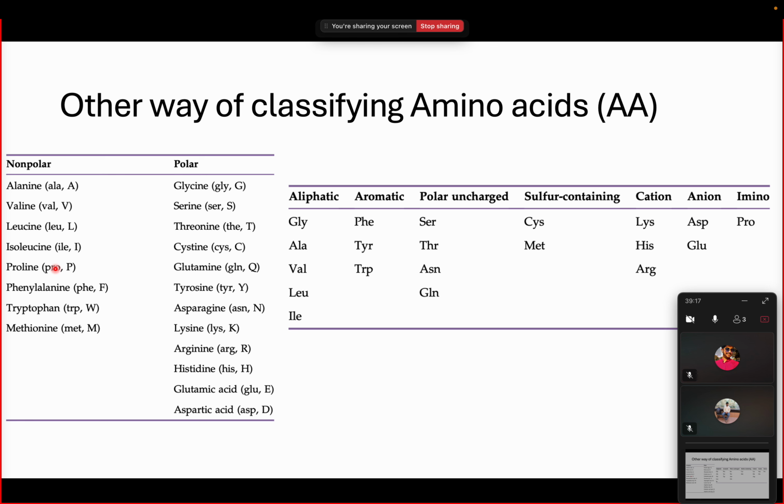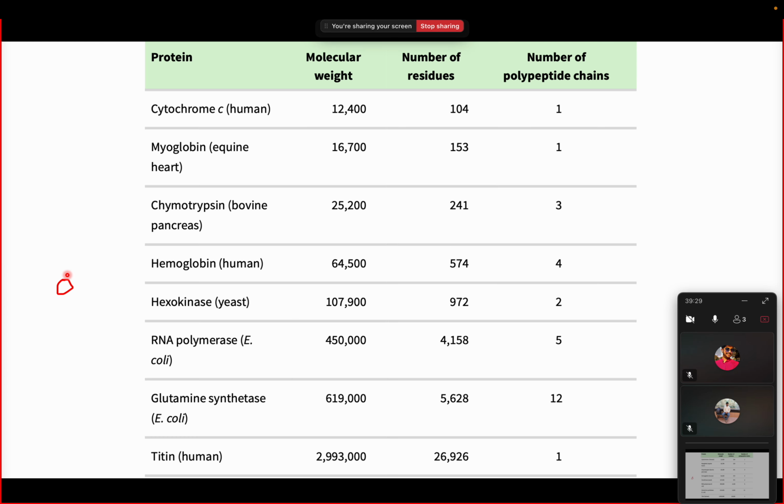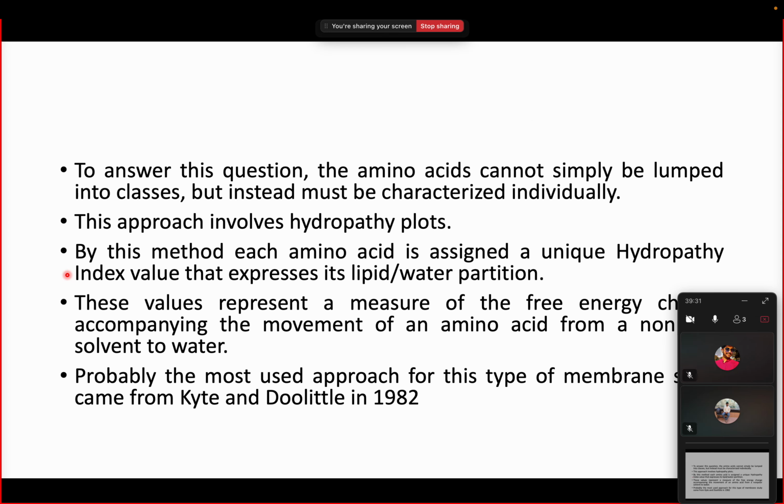In the membrane, the non-polar environment is provided by the interior of the membrane. If we generalize that all these amino acids will always stay in the membrane, this won't be a fair call. Why? Because there are obviously certain discrepancies associated with it.